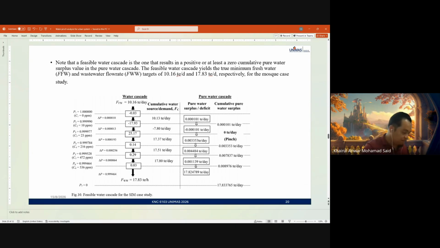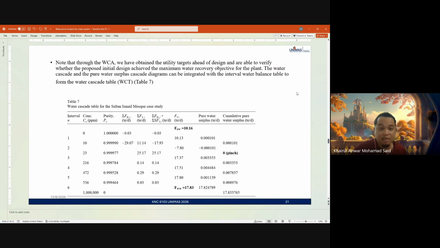How much was the wastewater earlier? It should be 29. So now it is reduced to 17 wastewater, with only 10 tons per day of fresh water needed.